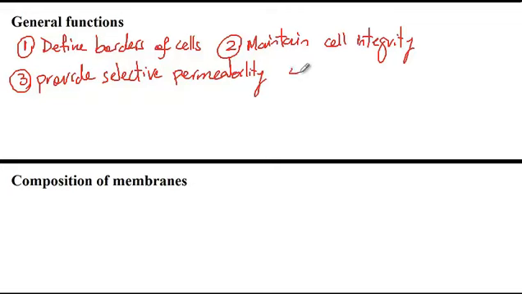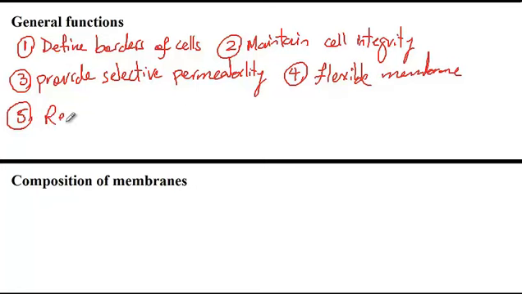In addition, plasma membrane has a flexible structure that allows cell to pass through narrow spaces, so flexible membrane. And a good example is, for instance, red blood cells that can go through narrow spaces of the blood vessels. And then finally, there are receptors as well as markers on the cell membrane that help recognition by other cells, like for instance by immune cells.